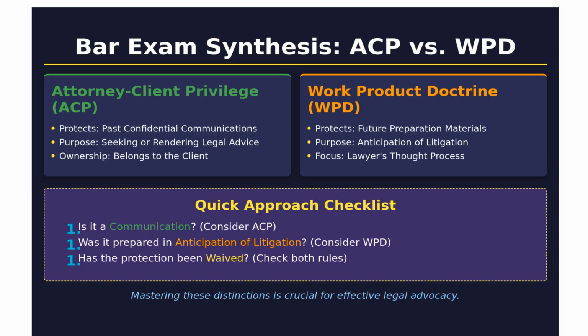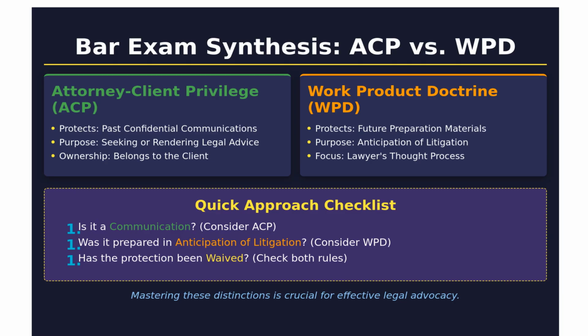In contrast, the work product doctrine protects materials prepared specifically in anticipation of litigation or for trial. Ownership is another key differentiator. The attorney-client privilege belongs solely to the client. The work product doctrine, however, primarily shields the lawyer's thought process and preparation efforts.